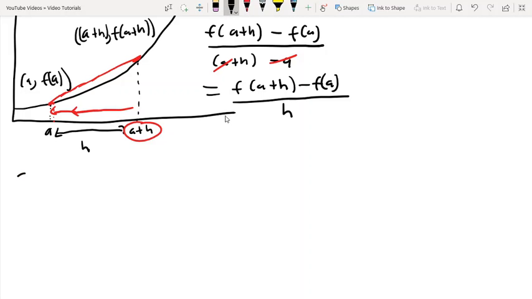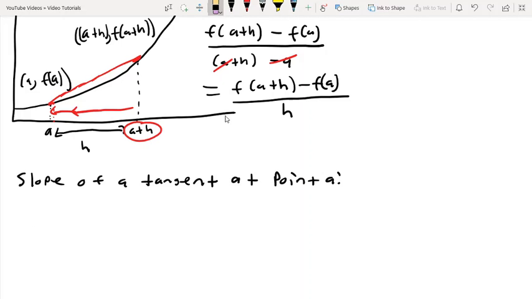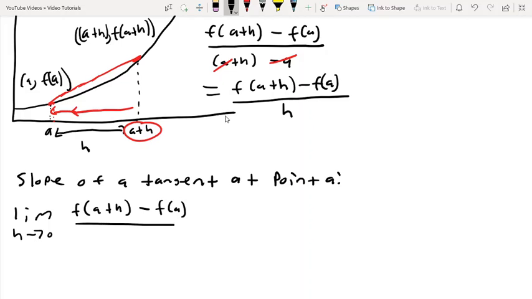So what we get then is that the slope of a tangent at point A is equal to the limit as h approaches 0 of f of a plus h minus f of a over h.